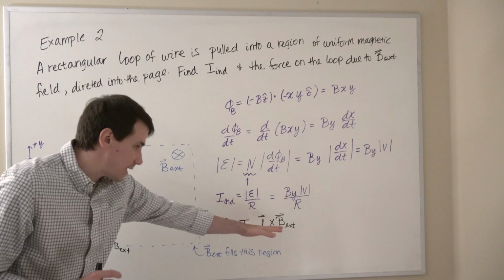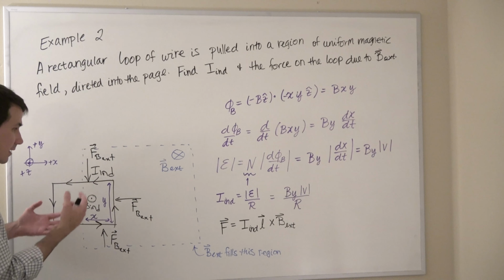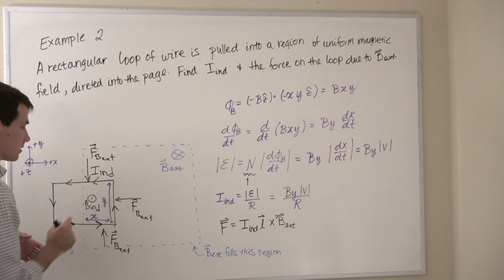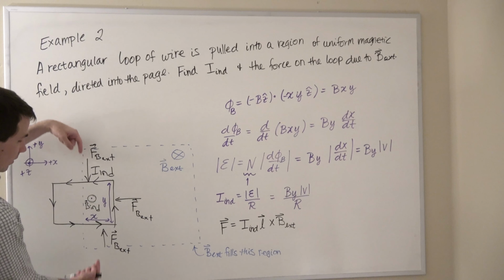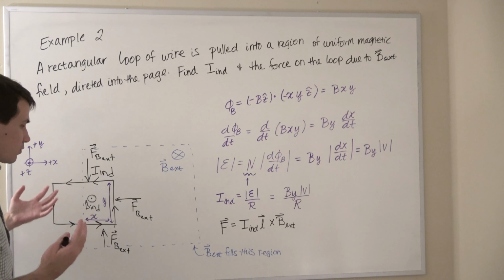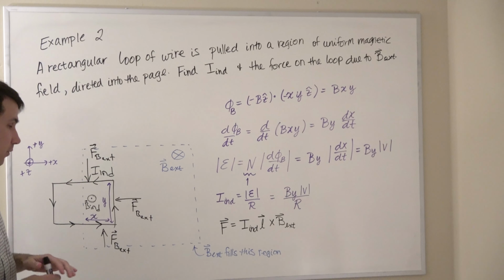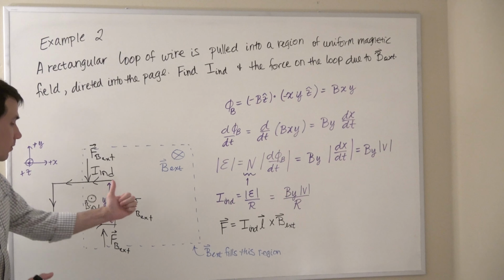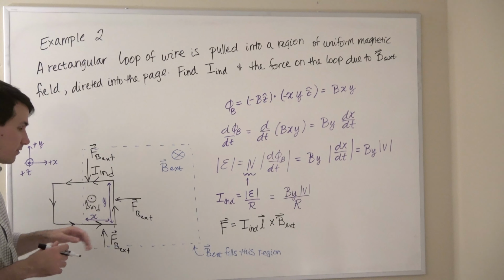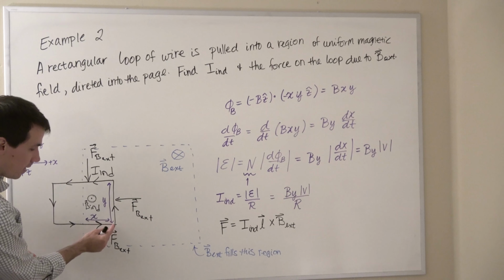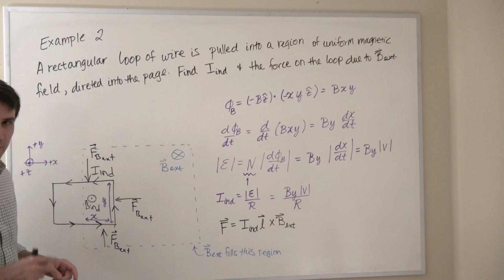And I know that the external magnetic field that they are experiencing is the same for both of these regions, which means that we have equal and opposite forces, which will cancel out. So the only non-canceling force that will be applied to my loop will be to the left, due to the external magnetic field acting on this section of current here.